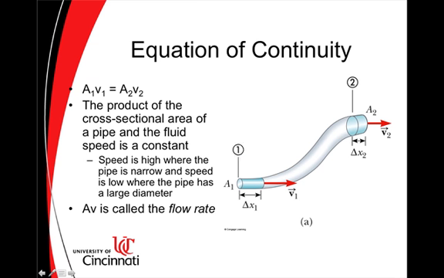Now what's frequently used is the equation of continuity, which really means that the flow of water going into a pipe has to be equal to the flow coming out of the pipe. And so if the cross-sectional area increases, then the velocity decreases as it flows.